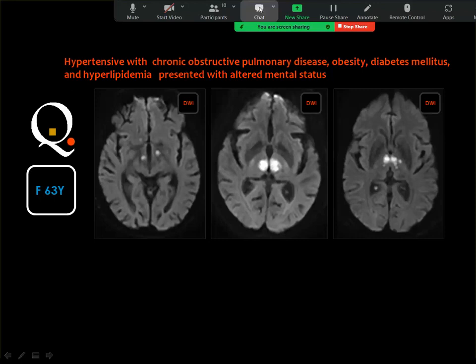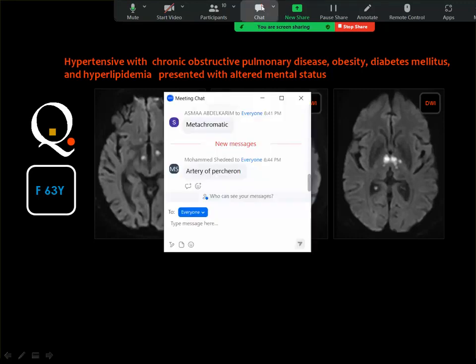Okay, in general, these are of course diffusion weighted images, and you got areas of diffusion restriction in a very characteristic location on either side of the third ventricle. Yes, the answer is right.